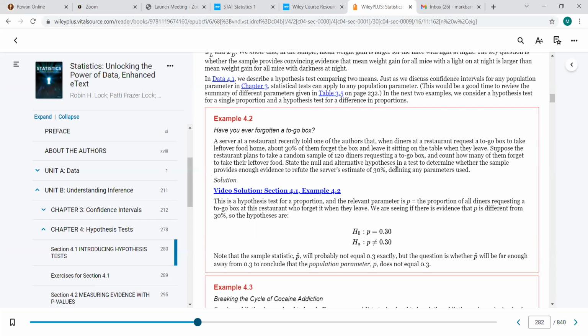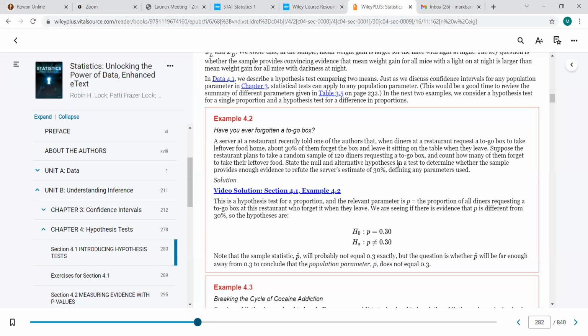And according to the word problem here, suppose the restaurant plans to take a random sample of 120 diners, and then they're going to count how many of them forget to take their leftover food. Okay. So that's going to be the number of them out of the 120 who forget to take their leftover food home, divided by 120.